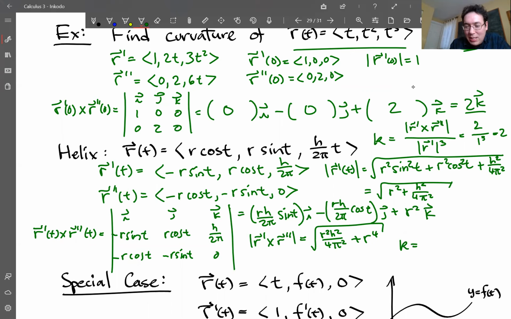So our very messy answer is going to be all divided by square root, or I'm just going to say this thing to the 3/2 power.